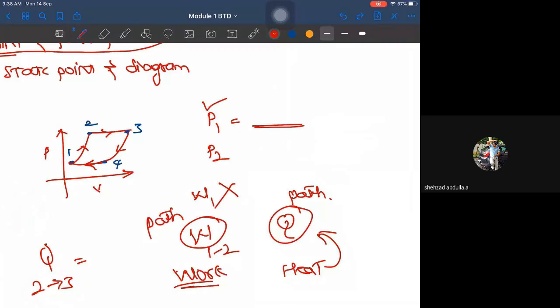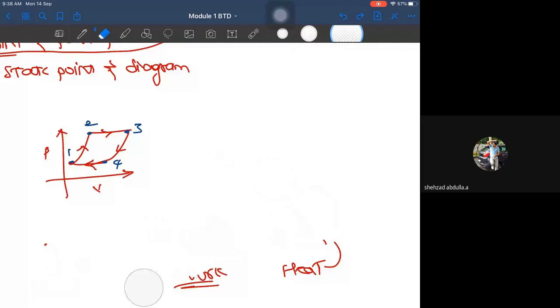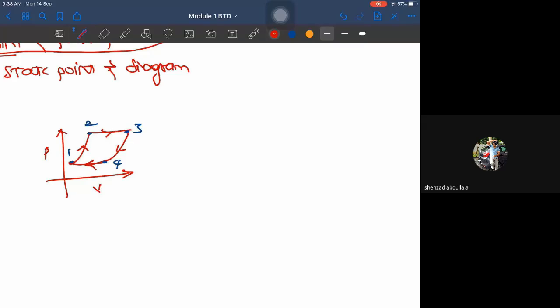Now I will be talking about what is an exact differential and what is an inexact differential. Let us see the points. Now see, if I want to calculate dP, I mean to say the change in the pressure, I can just calculate P2 minus P1.